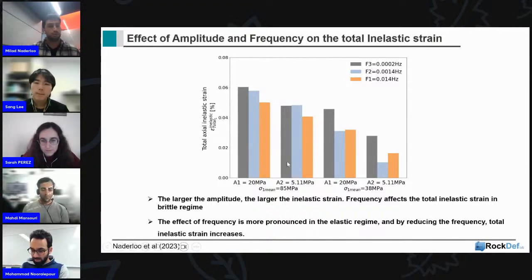Of course, at first look, as we expected, the larger the amplitude, the more damage you are inducing inside your sample, and the higher the stress regime, again, the more inelastic deformation. But what is really important is that if you lower the frequency of the cycles, you are inducing more inelastic deformation in your system, and it is really pronounced even in the elastic regime.